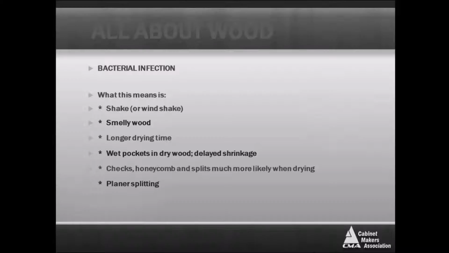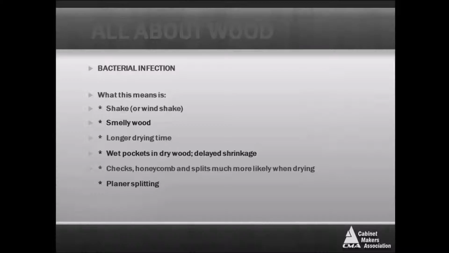Some people call it wind shake, but it's caused because the bacteria weakened the wood. And we get smelly wood. I could tell you a lot of war stories about dresser drawers and kitchen cabinets made out of bacterially infected wood, and you open the cabinet door and whoa, it is a terribly obnoxious odor.